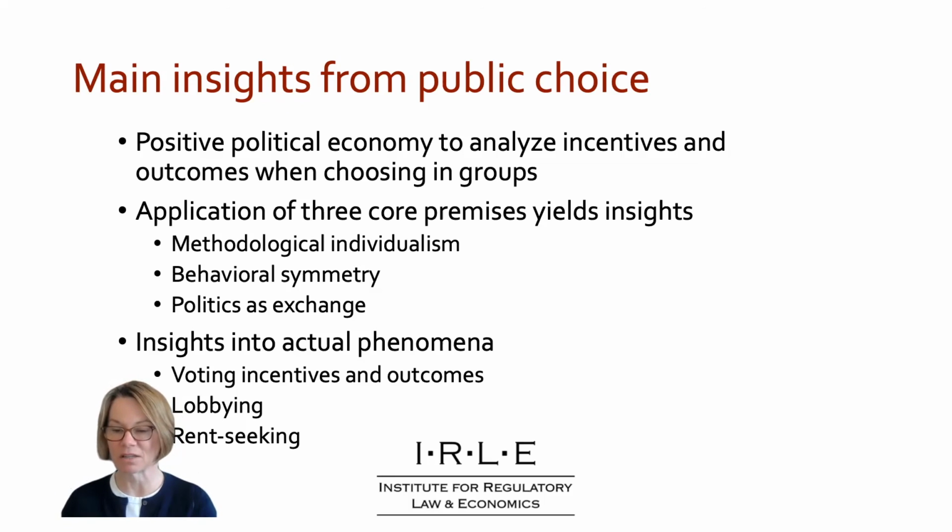If you combine methodological individualism, the economic tools of behavioral symmetry, and then the political realist Madisonian politics as exchange, gains from trade, you really get a lot of insights into political processes, log rolling in legislative contexts, regulatory capture, and so on. The insights are actually quite rich.